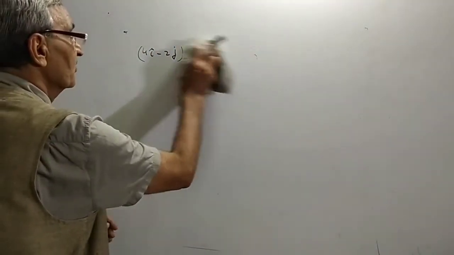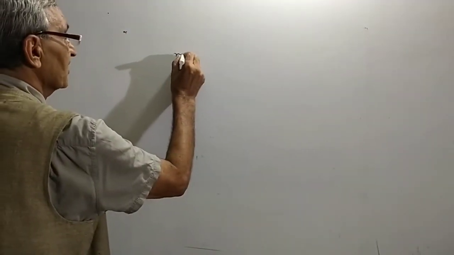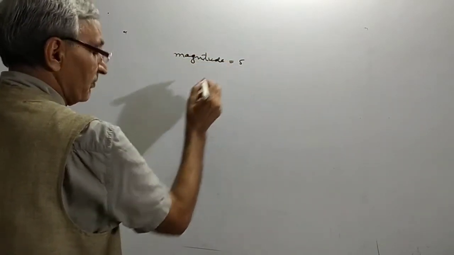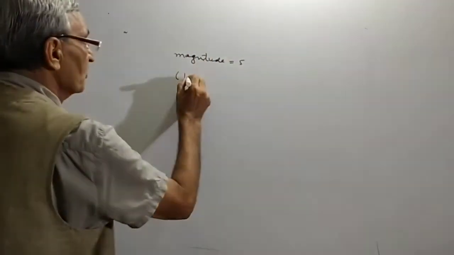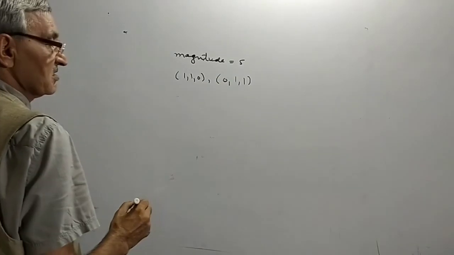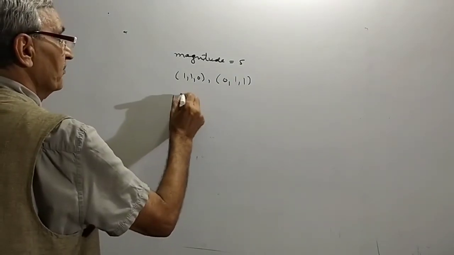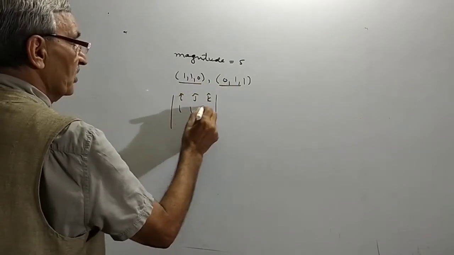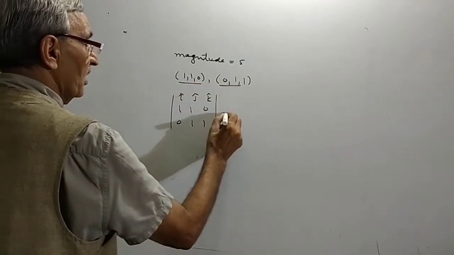Now I have one question here. Find the vector whose magnitude is equal to 5. This came in 2008. The magnitude of that vector is equal to 5 and it is perpendicular to 1, 1, 0 and 0, 1, 1. Friends, a vector perpendicular to these two vectors is A cross B. I write i, j, k, 1, 1, 0, 0, 1, 1.